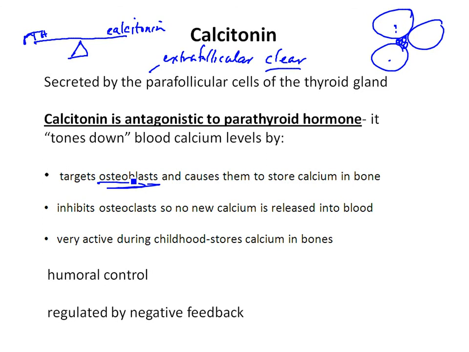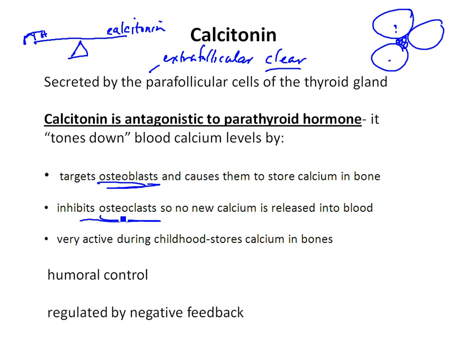Calcitonin is also going to inhibit osteoclasts. We don't want to be breaking down any bone because that's going to release calcium, and we've already got too much. So we're going to encourage the osteoblasts to build bone and inhibit osteoclasts from breaking down bone and releasing calcium into the blood.